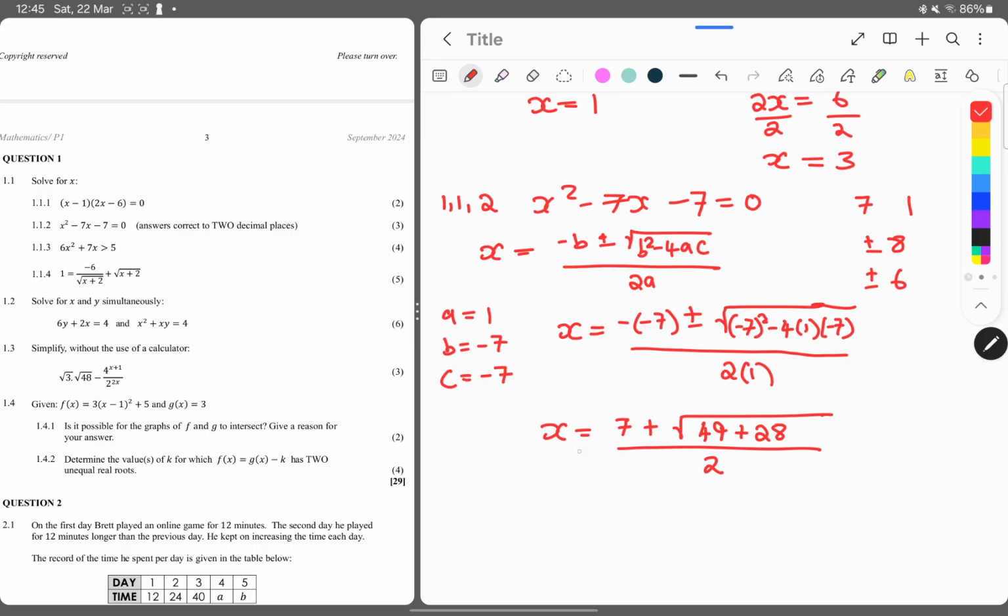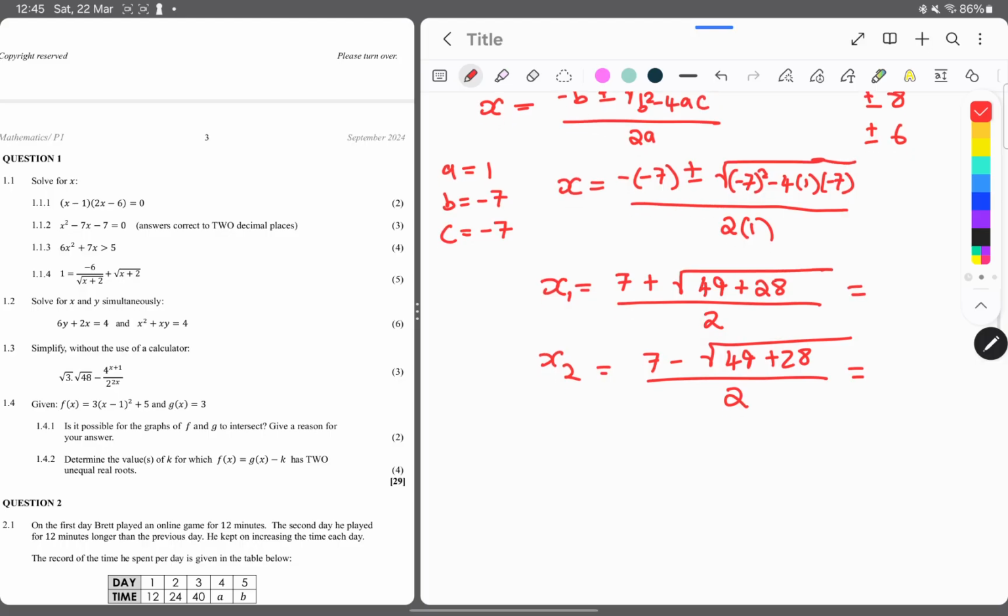The other solution, this will be your x1, and then your x2 will be 7 minus the root of 49 plus 28, divided by 2. You need not simplify, you just have to put everything in your calculator and get the answer. I don't have a calculator with me, and I am afraid if I open the calculator, the video might end up being too long. So the only thing left is to compute with your calculator and get the answers.